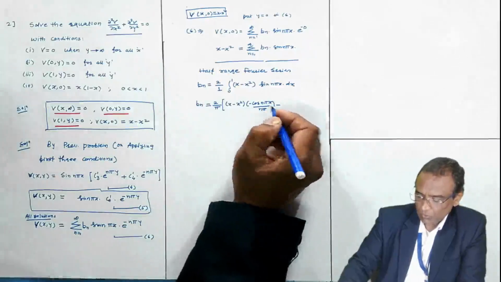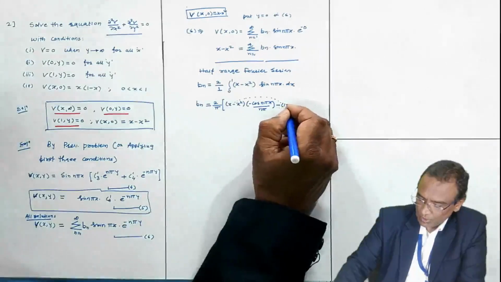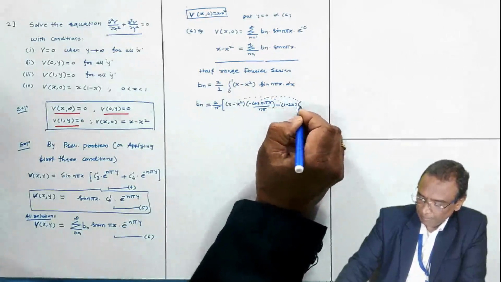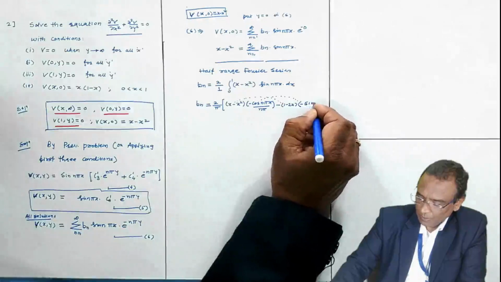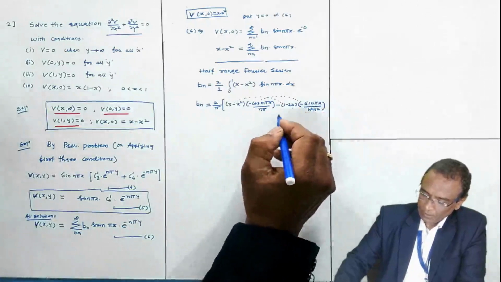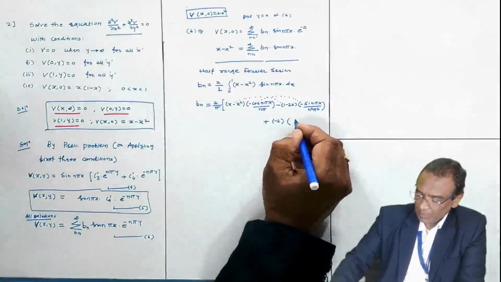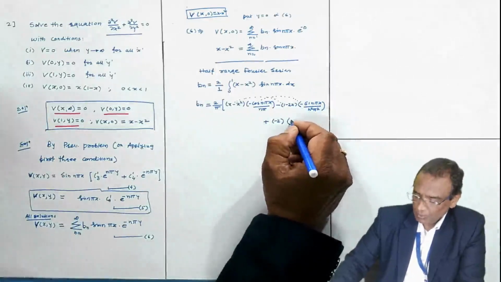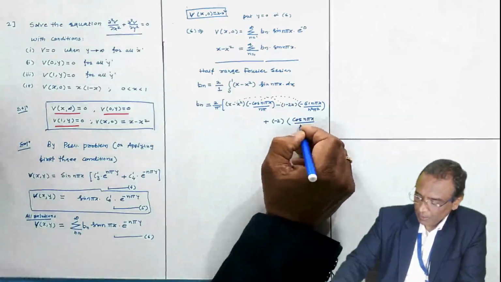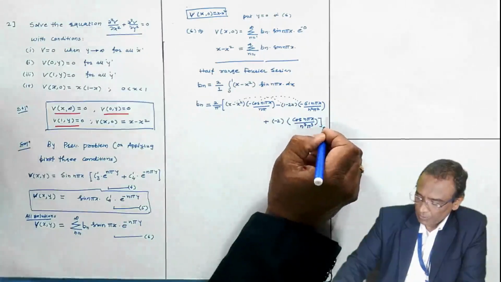Now the next term is minus always. Derivative of x minus x square is 1 minus 2x, and integration of this complete is minus sine n pi x by n square pi square, plus derivative of 1 minus 2x is minus 2, and integration of sine is minus cos, minus minus will be plus cos n pi x by n pi, n square pi square is already there, therefore n cube pi cube, 0 to 1.